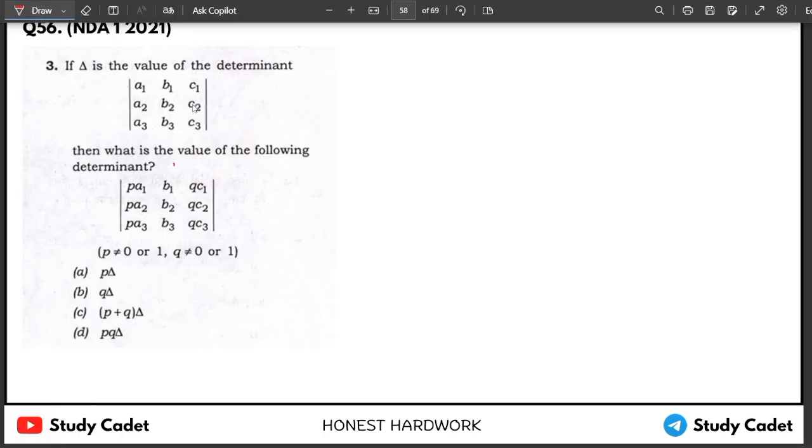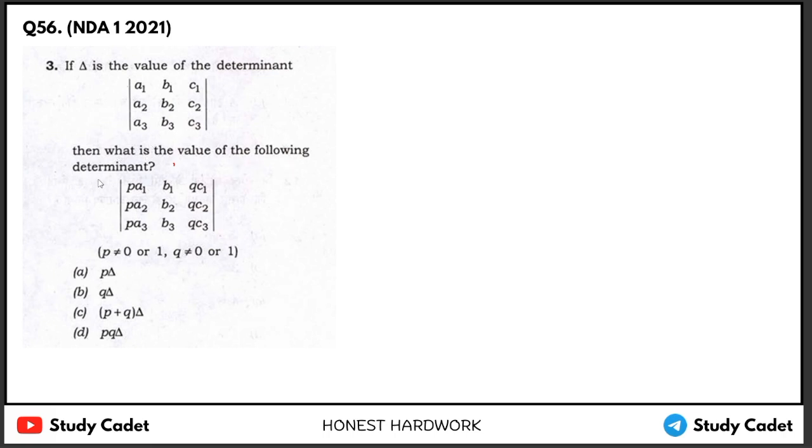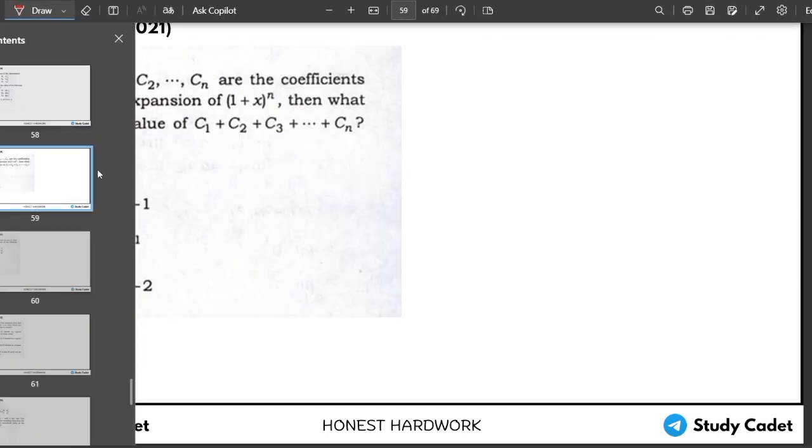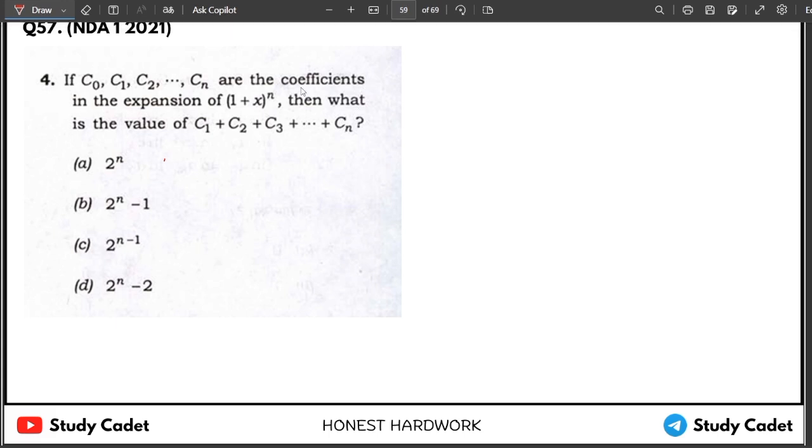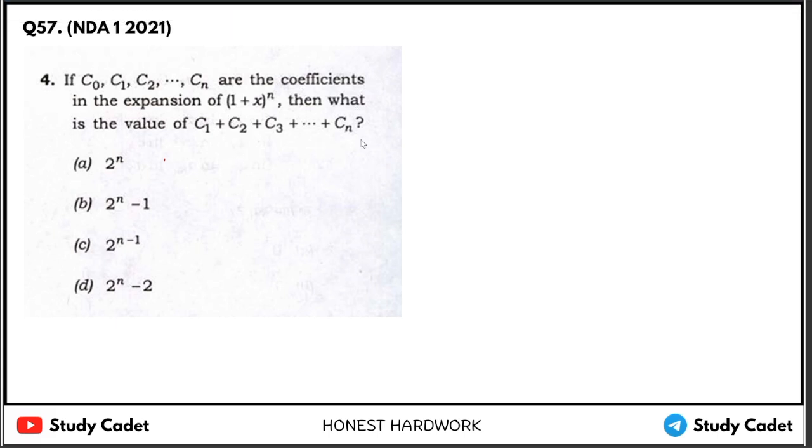If the determinant value... then what is the value of this determinant? a1, a2, b1, b2, c1. It is simply pq delta. This one, a very easy question. It is a question of binomial. We will solve this.